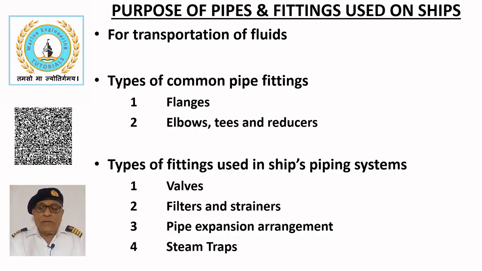All valves and fittings used in the system are also shown, along with the identification numbers assigned to them. These drawings are thoroughly checked before being submitted for approval by the classification surveyor. Once approved, the drawings are stamped and copies are provided on board for reference by the ship's personnel.